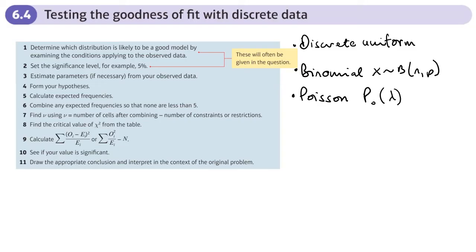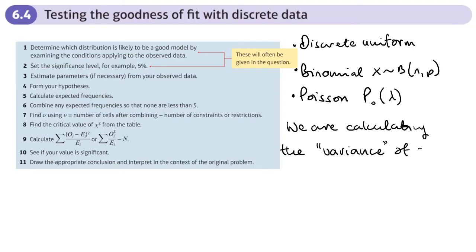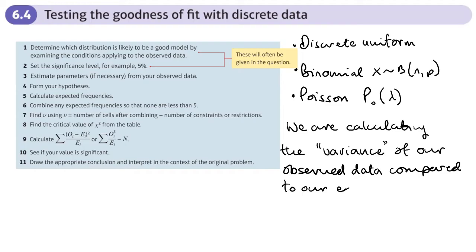And remember, with a goodness of fit test, basically all we're doing is calculating the spread or the "variance", I'll put that in quotes, of our observed data compared to our expected data.